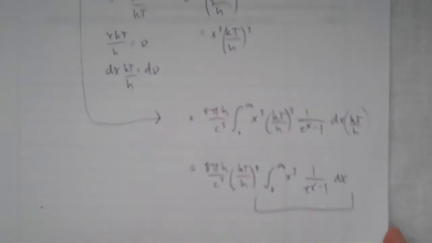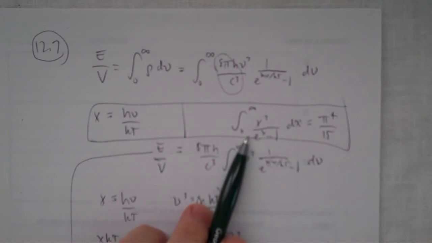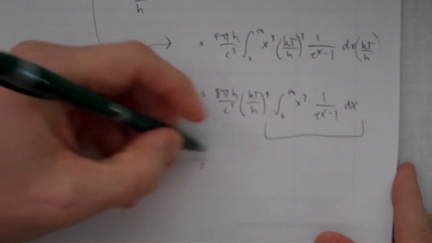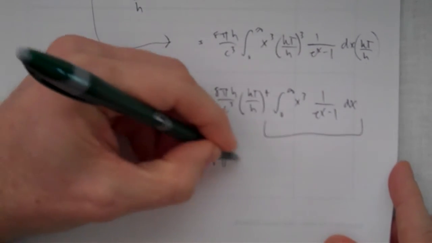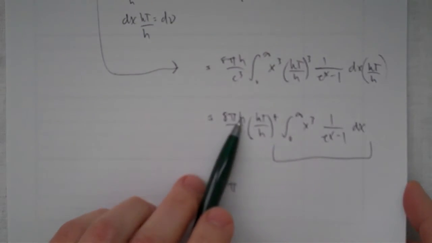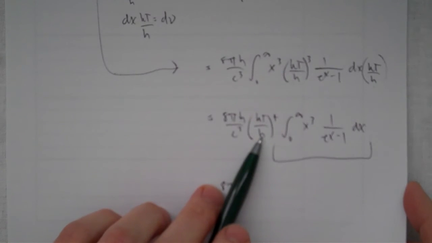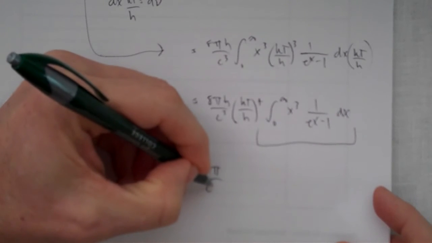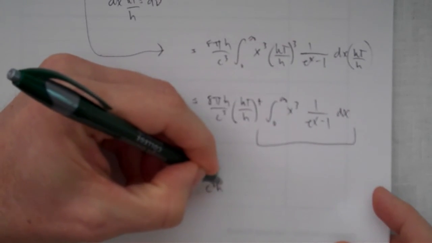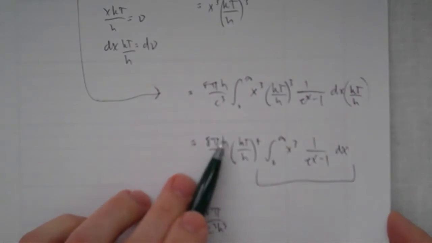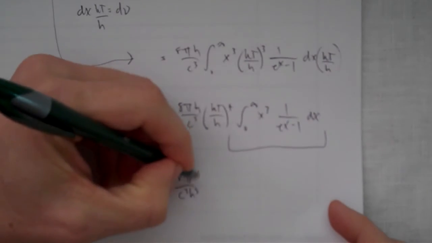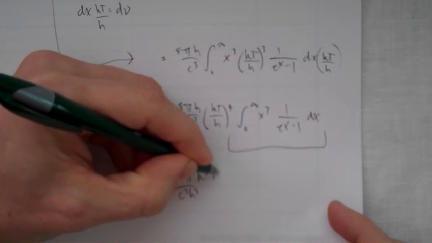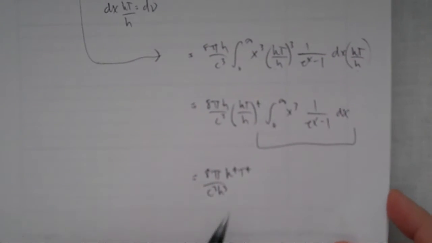This is the other hint I was given. I'm going to get rid of one of these h's. See, there's an h here, and there's four h's down here. So I'm going to say pi over c cubed h cubed, crossing one of them off, k to the fourth, T to the fourth.